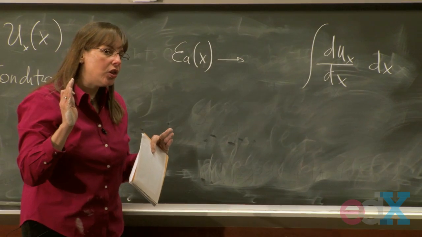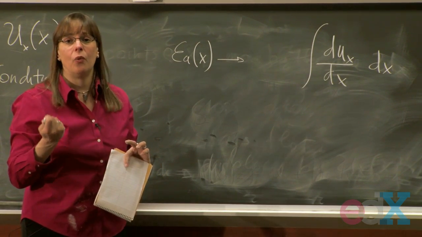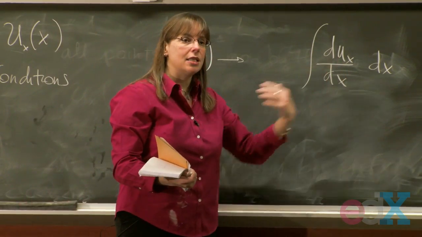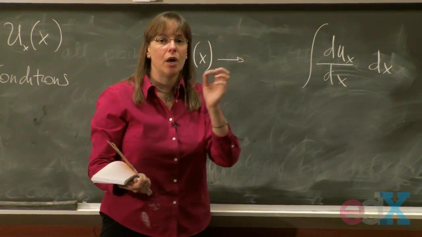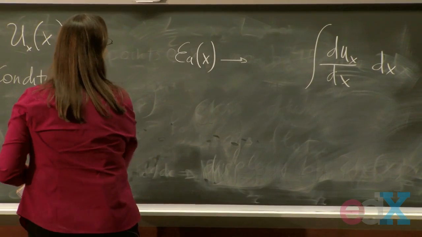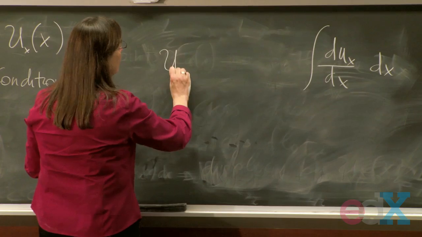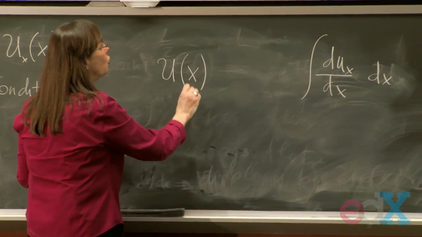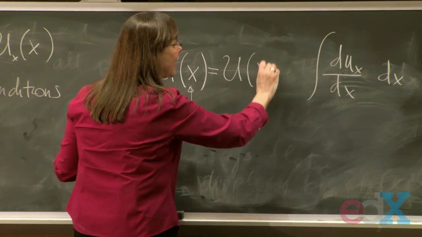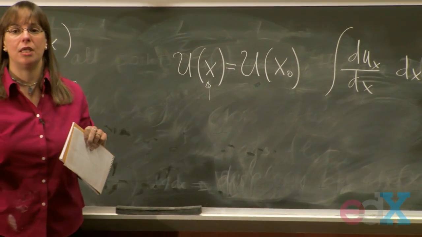The way you should think of the constant of integration in 201 is in a very physical way. The idea is that you're integrating du/dx along the length of the bar. And what I want you to think of is that when you write u of x, you write that the displacement at every point where you want it is equal to the displacement at some point where you know it. So where are the points where you know the displacement?